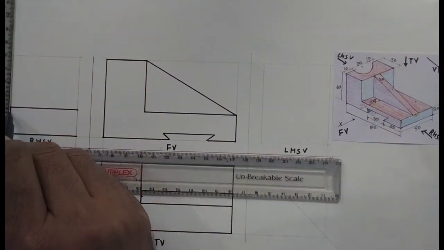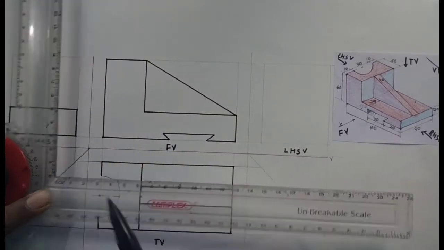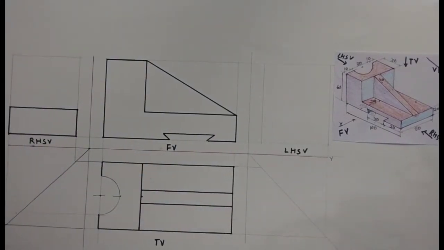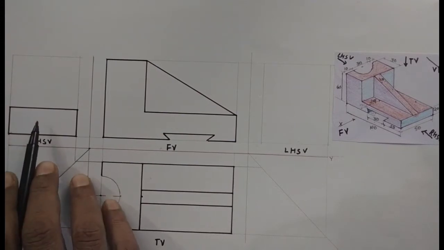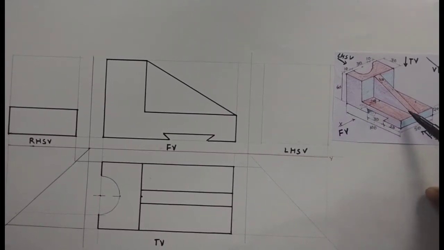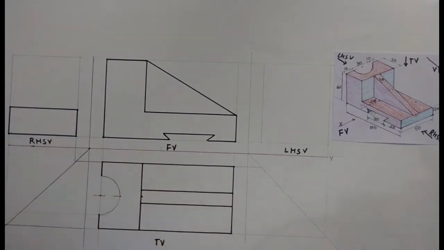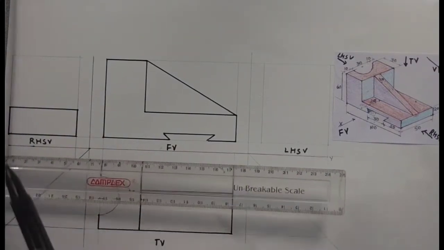We complete our rectangle. Now this vertical blue surface is visible from the right hand side view and it is already in light color. So you can just complete it with a dark line.